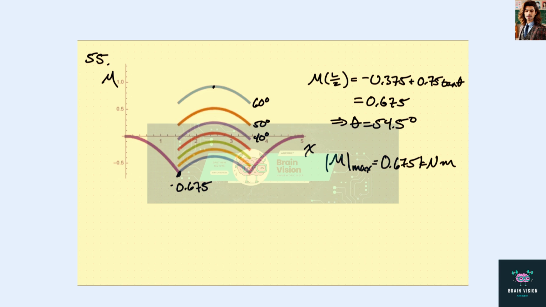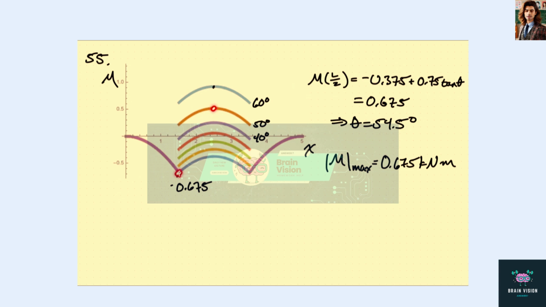We know that's at the midpoint, so the moment at the midpoint is minus 0.375 plus 3/4 tangent theta. We can then set that equal to 0.675, and figure out the angle.